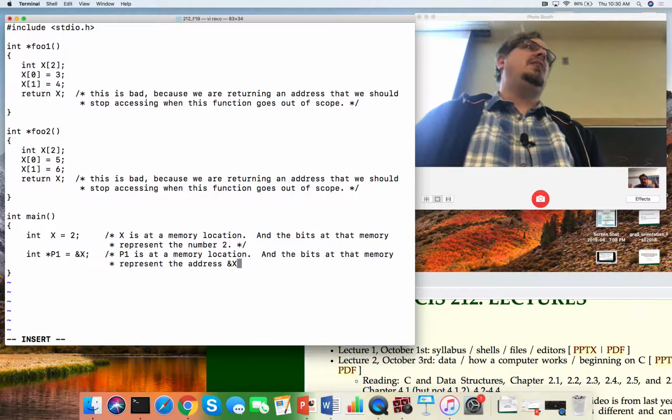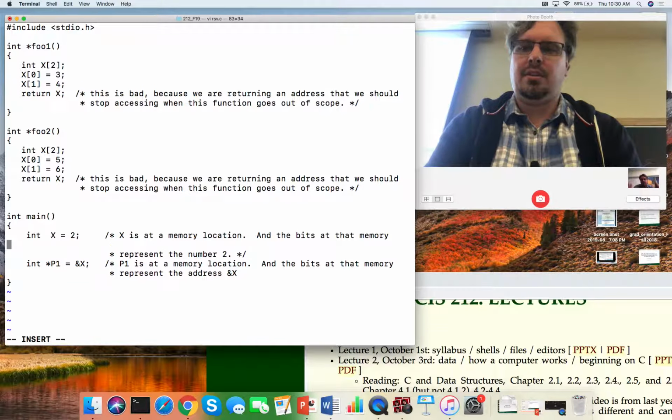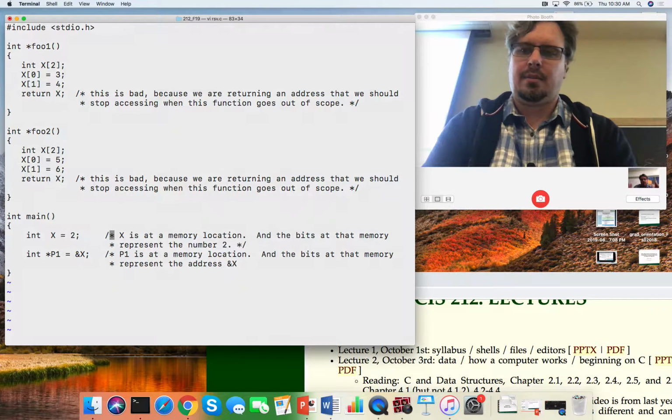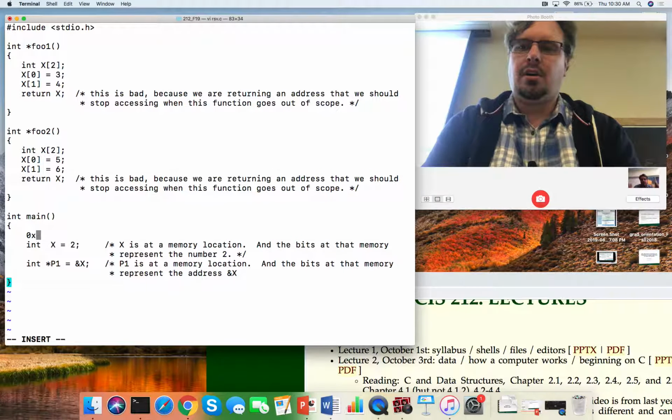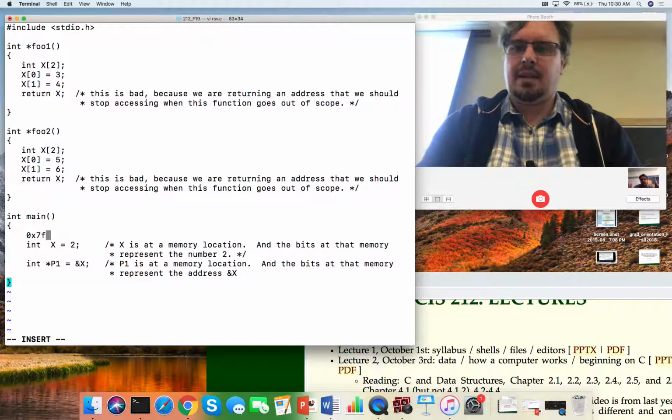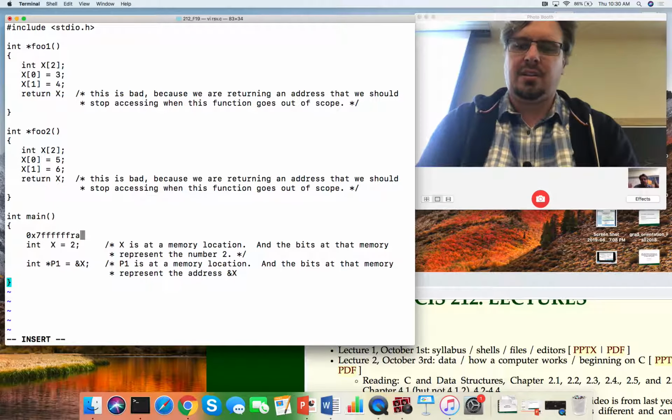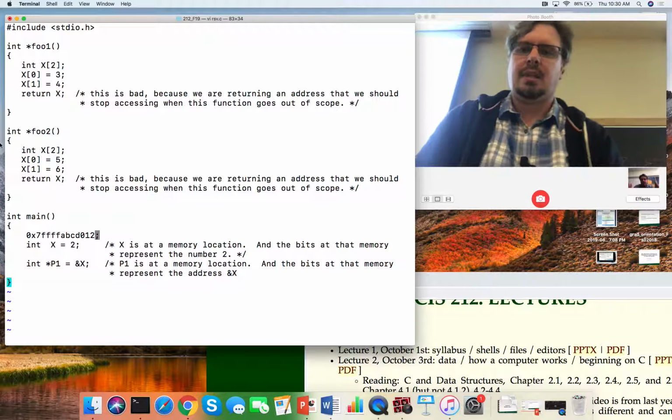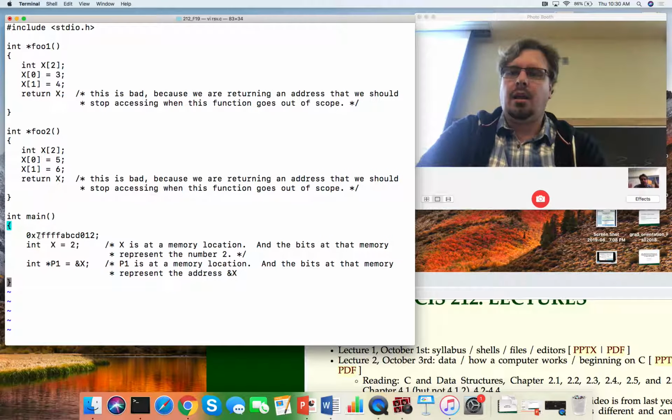Okay, so we've seen these addresses. They're ugly, right? There's something like 0, 7, FFFF, and then you see some ABCDs. That's probably too many, I'm overdoing it, but it's something like that. This is bits, and these bits are at the memory location that P1 is pointing to. So pointers themselves take memory.